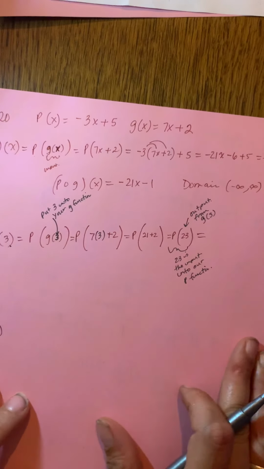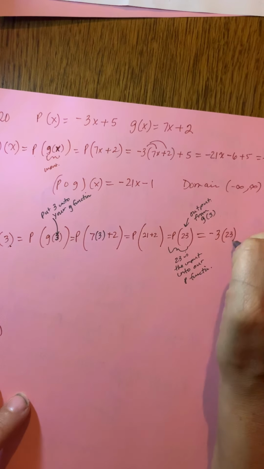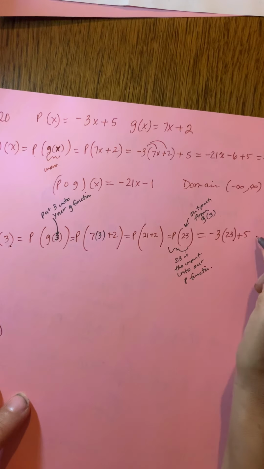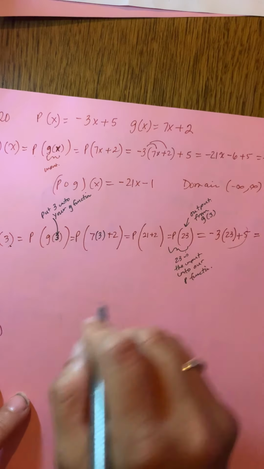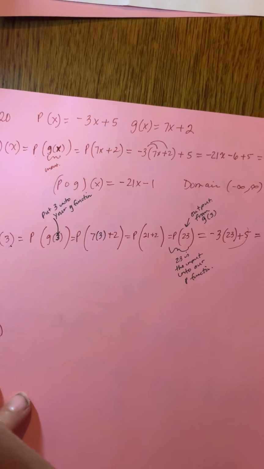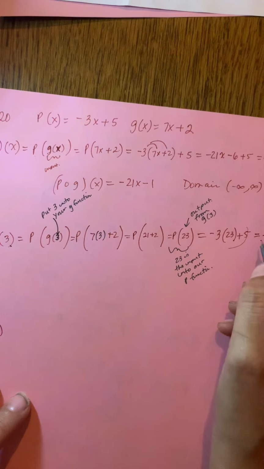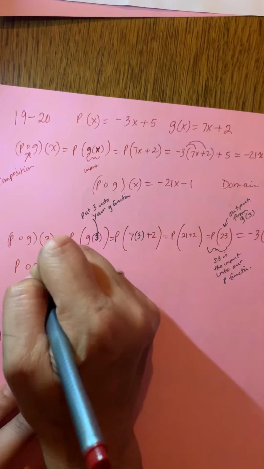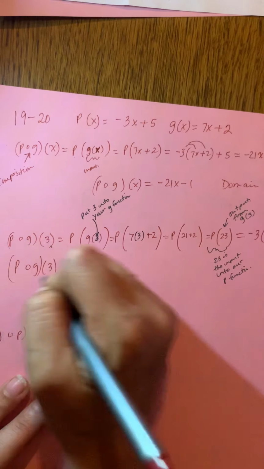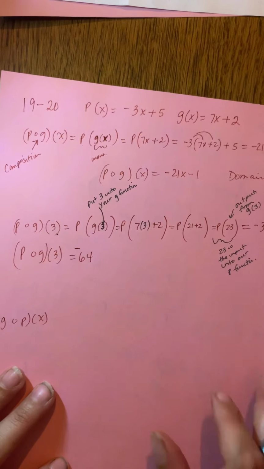So this is going to look like -3 times 23 plus 5. When you put that whole thing in your calculator, because there's no variables, that gives you -64. And so P of G of 3, our original problem, is -64.